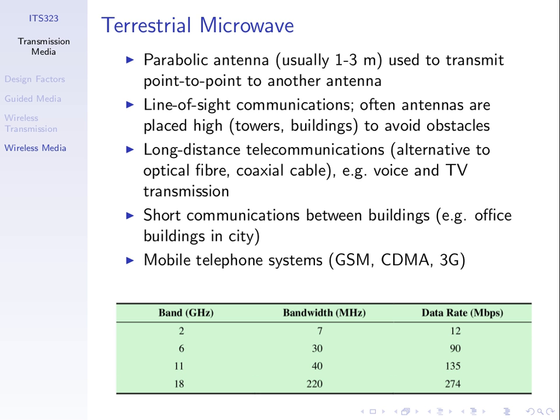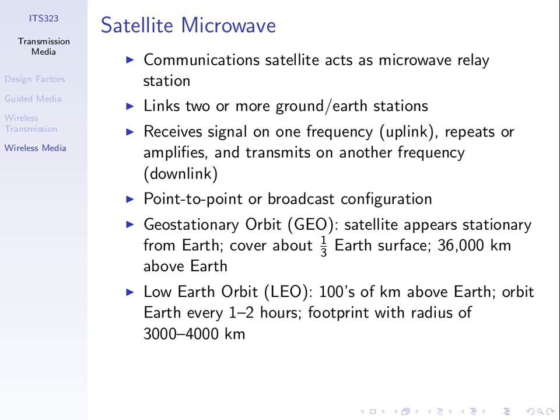Another example, terrestrial means on the ground, where the transmitter and receiver are on the ground. Satellite microwave, now we have something up in space, a satellite. So some communication satellite acts as a relay station. We still have the transmitters and receivers on the ground stations.